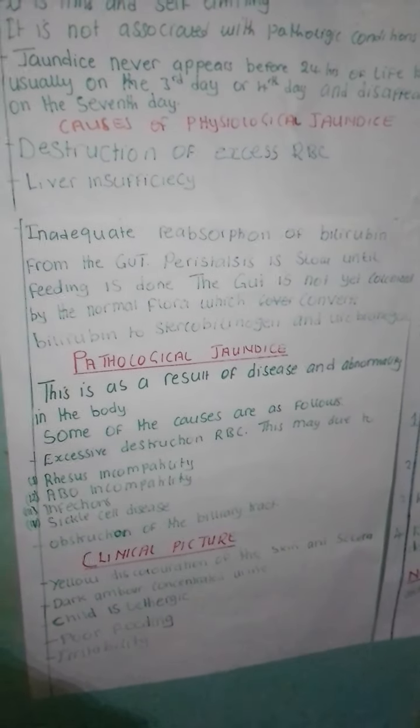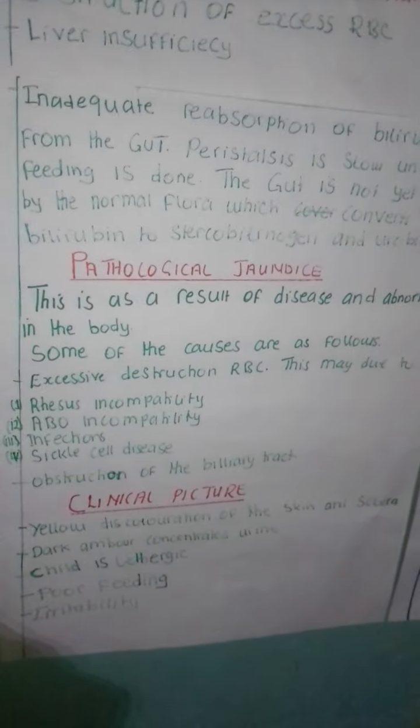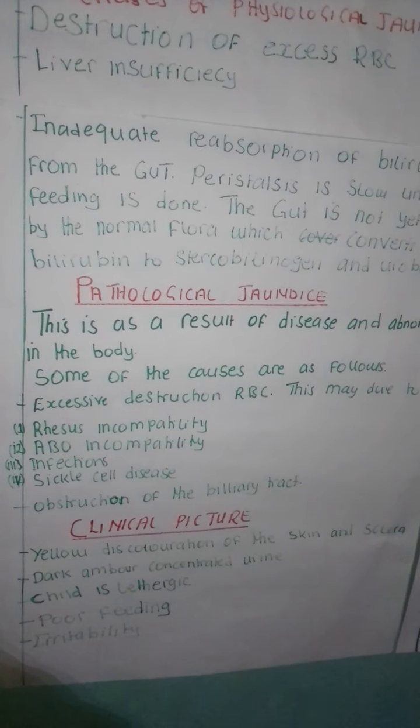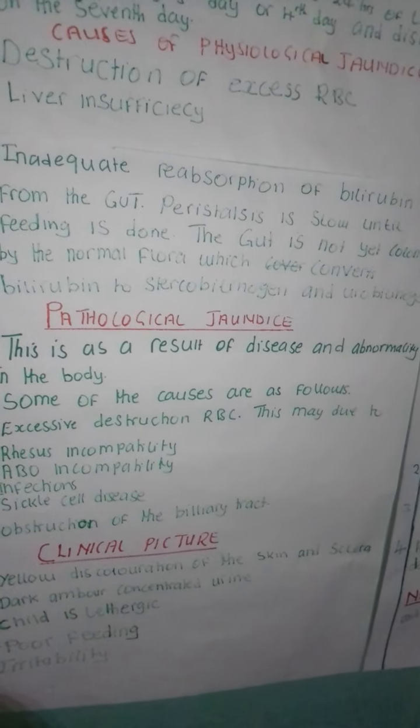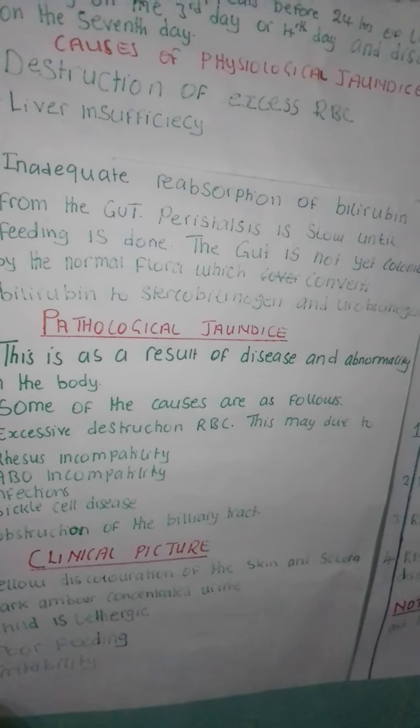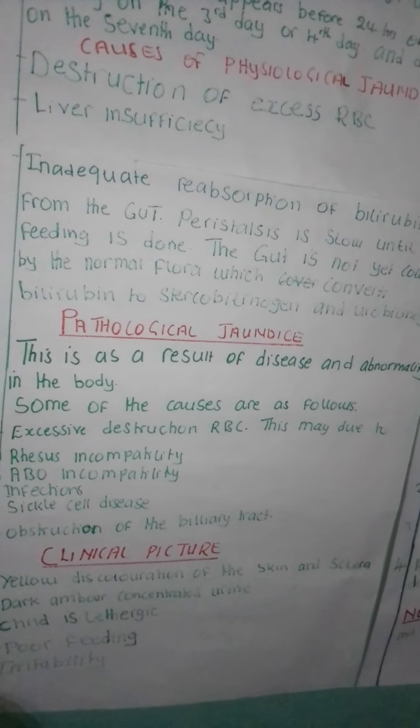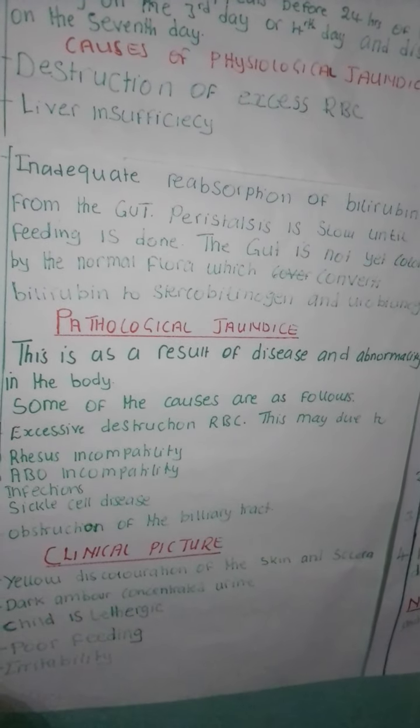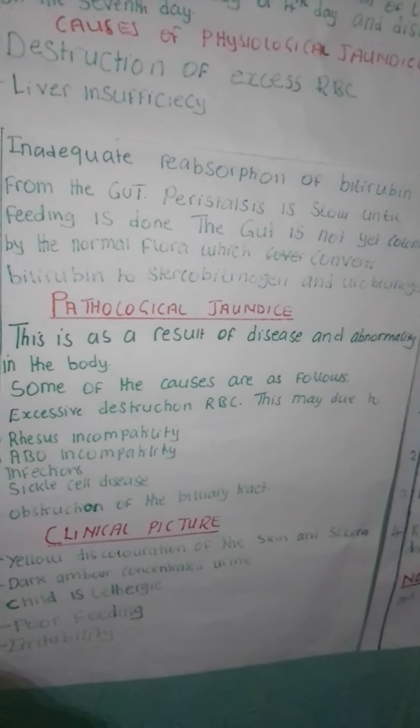Then we have pathological jaundice. This is a result of a disease or abnormality in the body. Here are some of the causes.